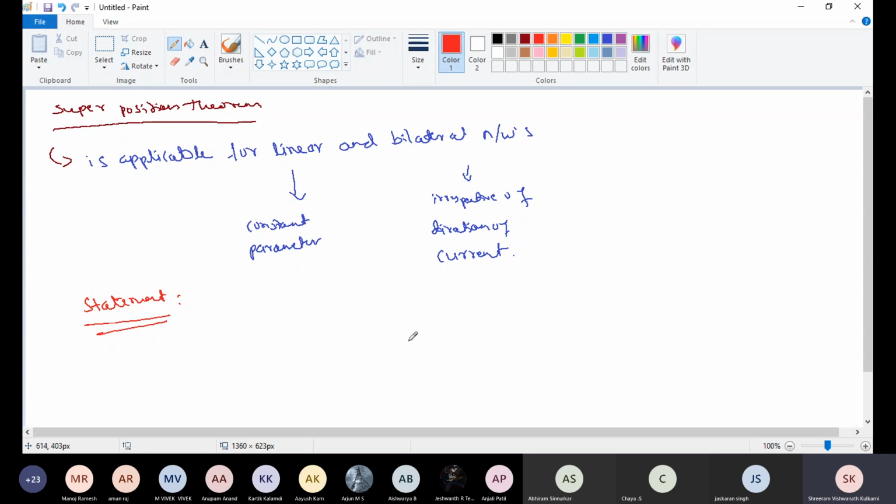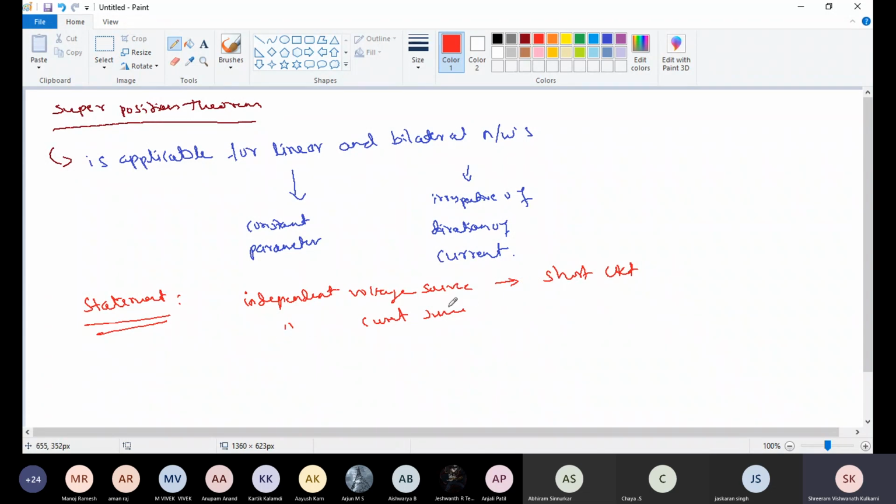But whenever the circuit consists of independent voltage sources and independent current sources, we replace the independent voltage source by a short circuit, or if the internal resistance of the independent voltage source is given, we replace it with that internal resistance.